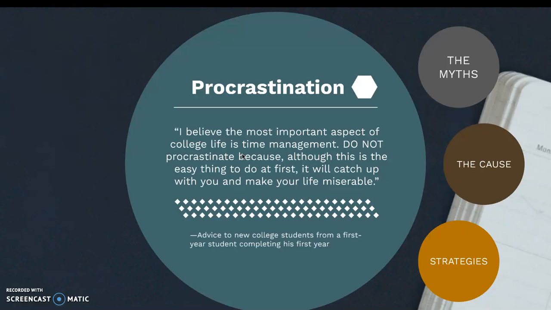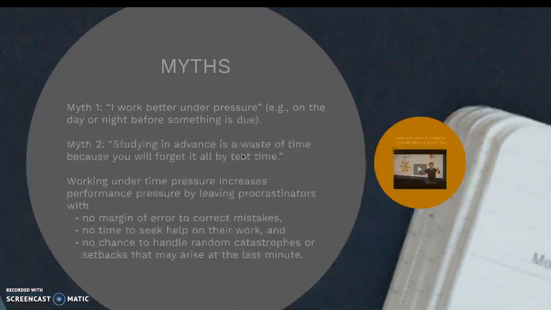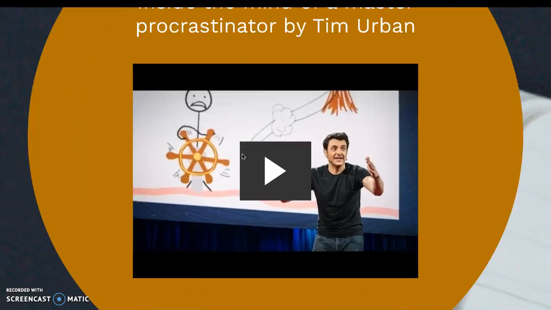This one is something that can be discussed and conducted by discussion. This kind of information about them. And then also this one is the myth and the inside of the mind of a master procrastinator, the TED presentation, very interesting, by Tim Urban, and it can be played.